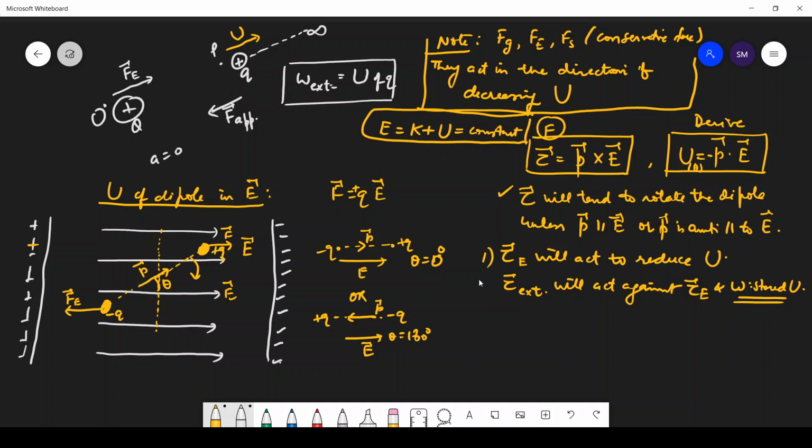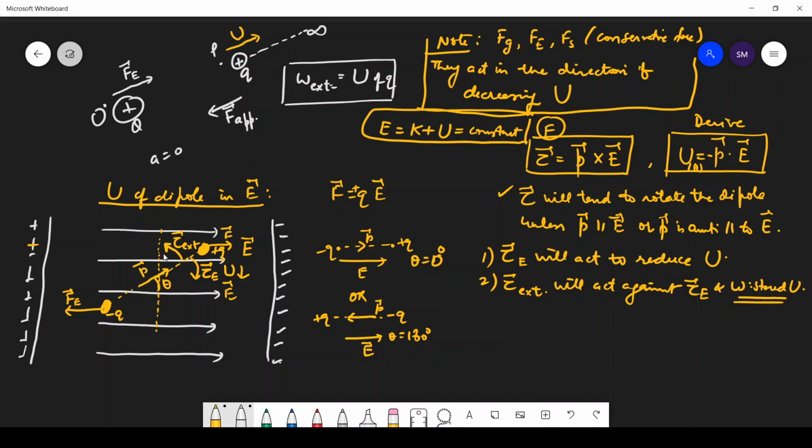So we have 2 kinds of torque here. This is the direction of tau E, the electric field's torque. So it will rotate the dipole in this direction, and this way potential energy is decreasing. I want to rotate it in this direction, so tau external will act in this direction and increase the potential energy.